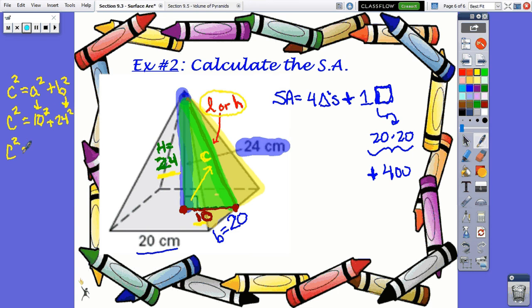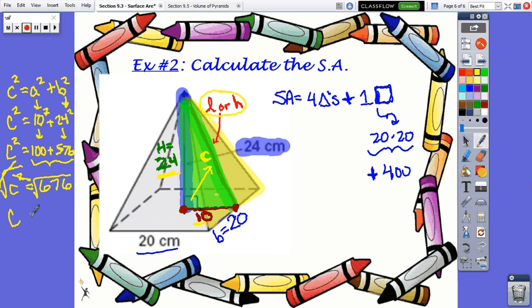So C squared equals 10 squared, which is 100, plus 24 squared, which is 576. When I add 100 and 576 together, I get 676. Now I've got to square root both sides to get rid of the square on the C, so they cancel each other out.